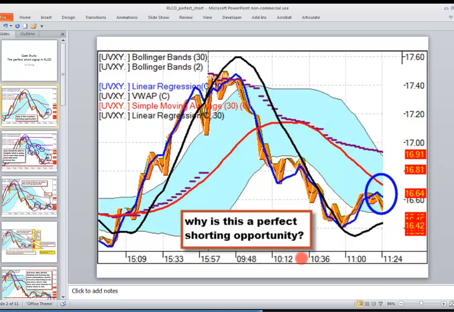We wouldn't be surprised if it fell that far. And in UVXY, that turned out to be about another buck. And so with about a 30-cent initial stop, there's still a comfortable 3-to-1 reward to risk available in this. So that makes it a legitimate short in my view.